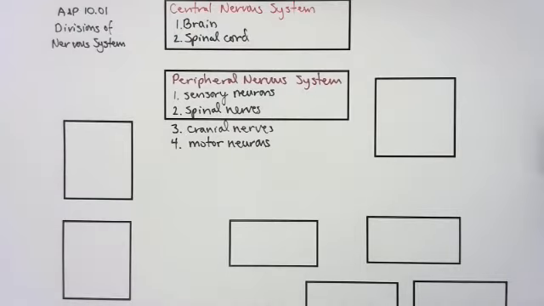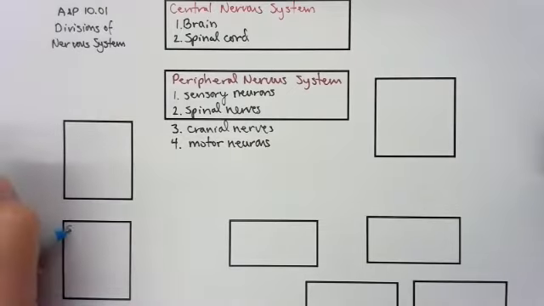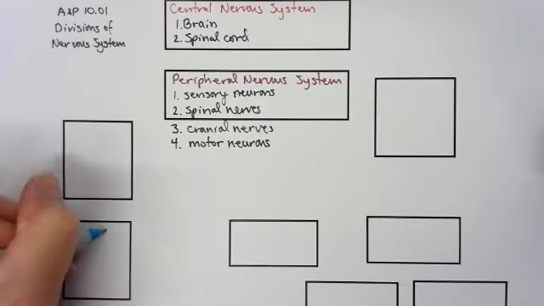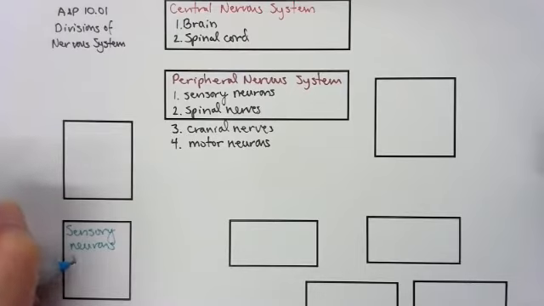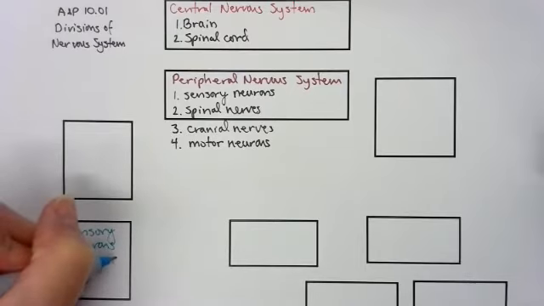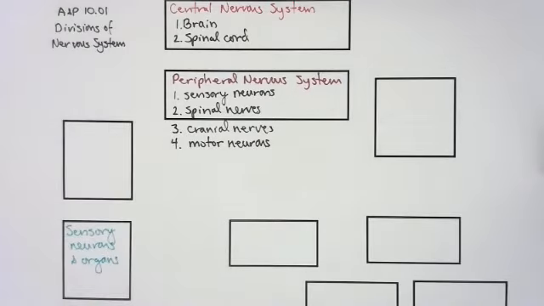So let's start down here, and we're going to start with these sensory organs and neurons. So I'll do light blue. So these are our sight, our smell, our taste, our touch.